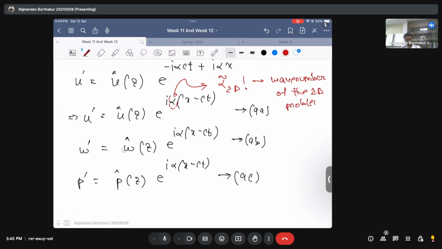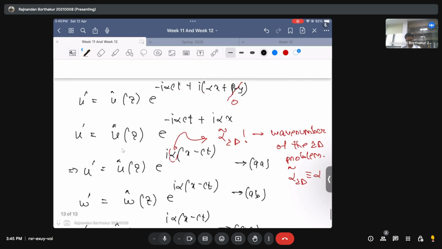But for the sake of not writing alpha tilde 2D repeatedly, I'll just call it alpha. But you must be careful that this alpha is not the alpha of the 3D problem. This is the alpha of the 2D problem that we have reduced the problem into. Because remember, alpha tilde 2D is not equal to alpha. In fact, alpha tilde 2D is equal to square root of alpha square plus beta square, where that alpha and beta were the individual wave numbers in the x and y direction in the 3D problem. Okay, I hope this is clear.